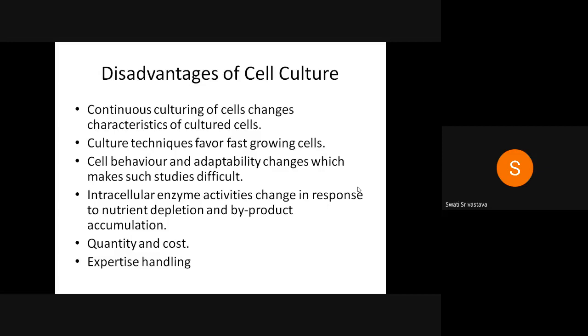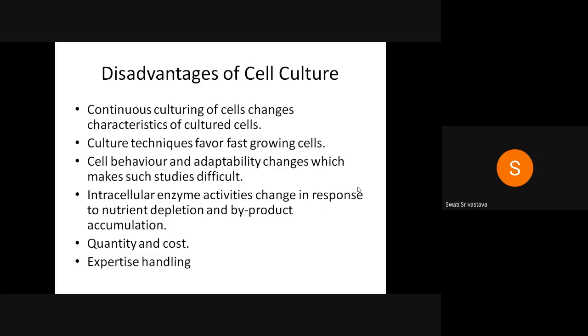Now here it is in an artificial system, in a nutrient media. The behavior will naturally change. So you cannot relate the cell behavior with the behavior of that particular cell in the living system.